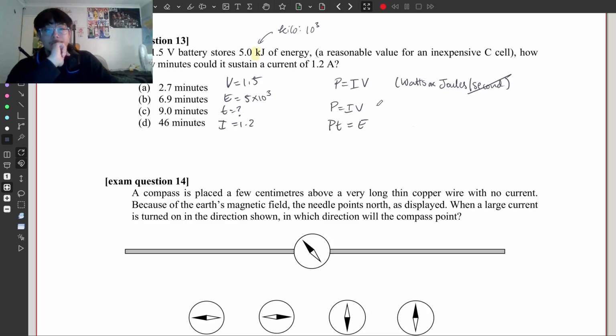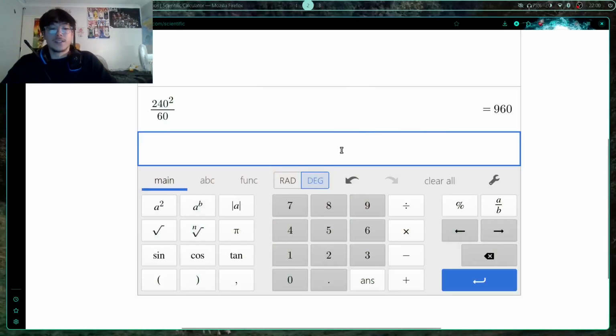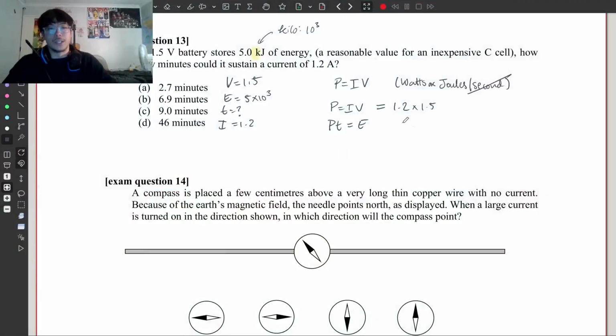So first, our power is going to be equal to 1.2 times 1.5, current times voltage. So 1.2 times 1.5, we get 1.8.